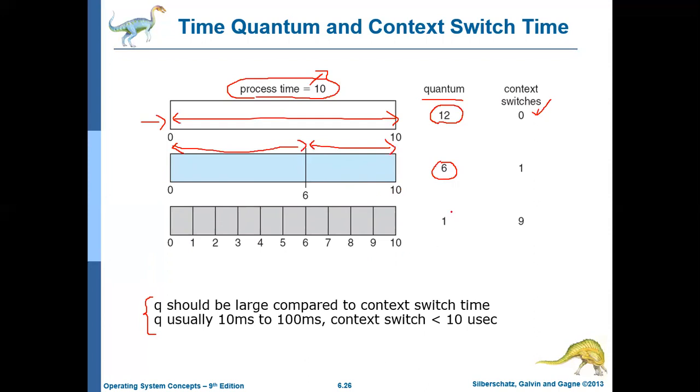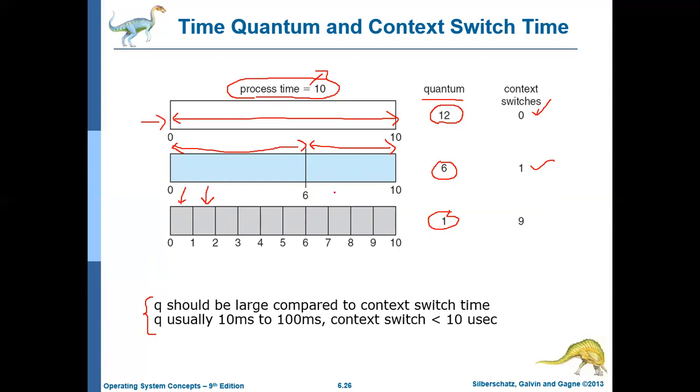If the time quantum is only 1 millisecond, that is, after every 1 millisecond the CPU is going to context switch, what happens? In the second case, the number of context switches is 1. In the third case, if the quantum value is reduced to 1, the CPU will execute this process for 1 millisecond, then there will be a context switch. After some time it may get the CPU again, use it for only 1 millisecond, then there will be a context switch.